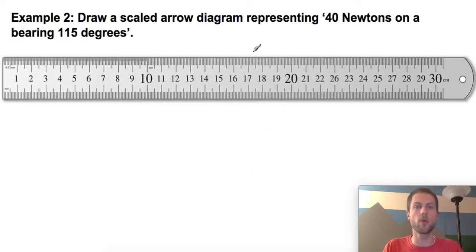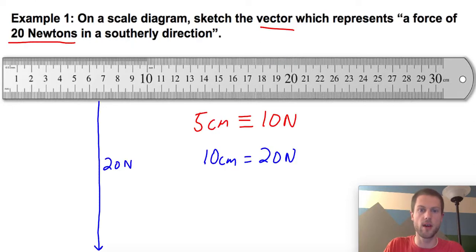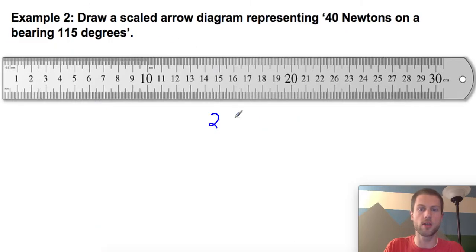In the second example, we want to draw a scaled arrow diagram representing 40 newtons on a bearing of 115 degrees. And this time let's use a different scale. If we want 40 newtons, let's go a little bit smaller. Last time I said that 5 centimeters is 10 newtons. Let's say that 2 centimeters is equal to 10 newtons.